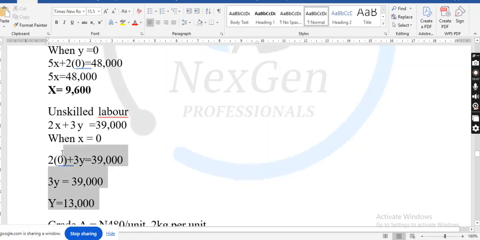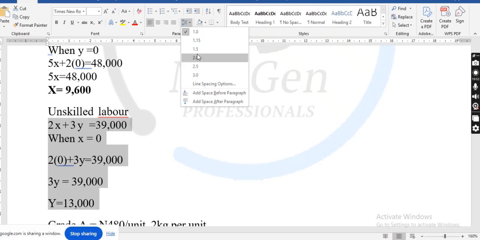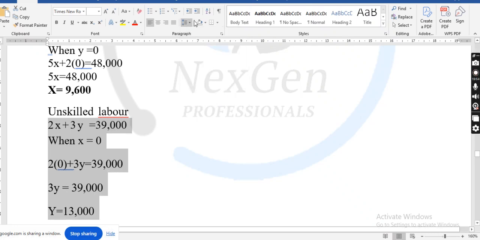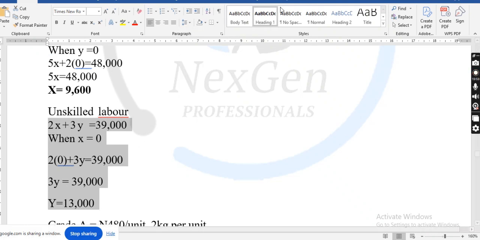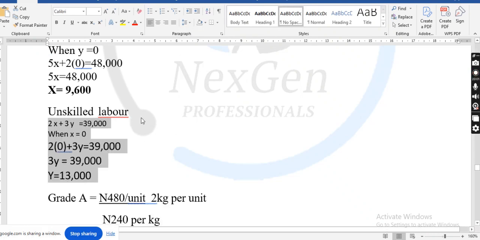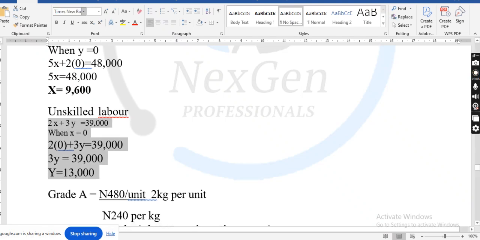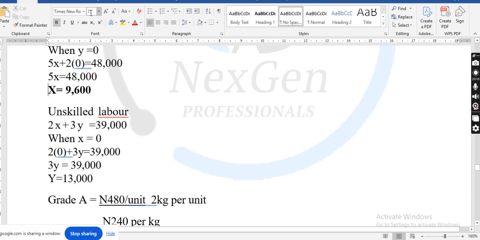Tolulope. Okay, sorry, sir. I just want to ask for clarification. When we were looking for x, why didn't we just say when y is equal to 0?